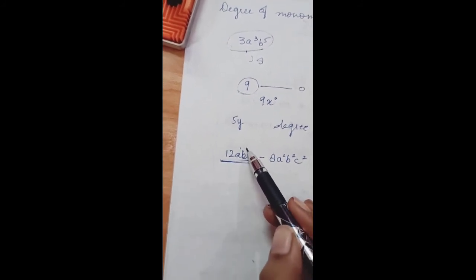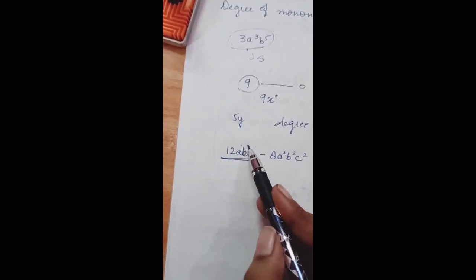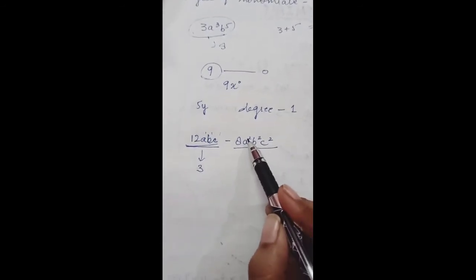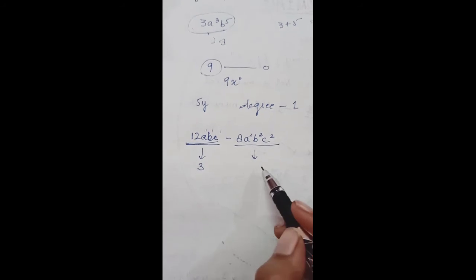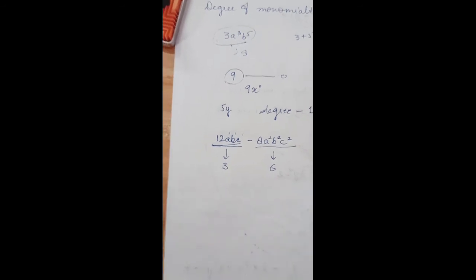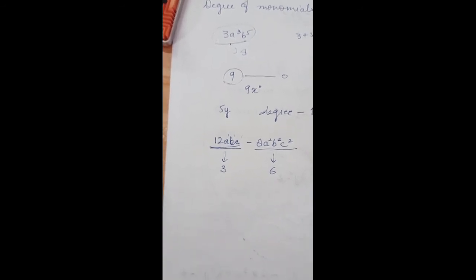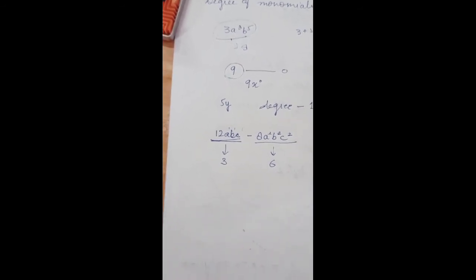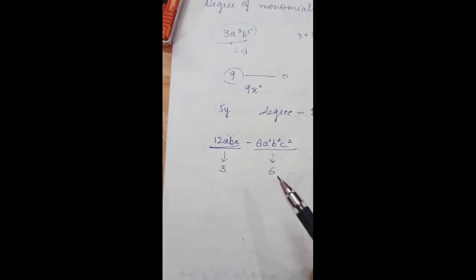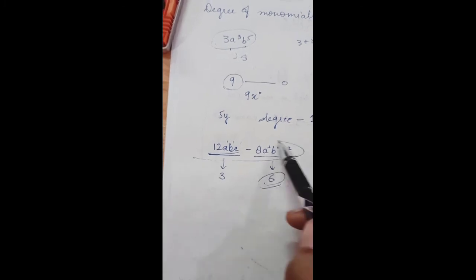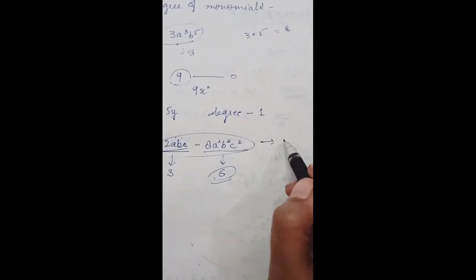Here we have 1, 1 and 1, so when we add we get 3. And here when we add 2 plus 2 plus 2, we get 6. The degree of a polynomial is the greatest sum. Here the greatest number is 6.